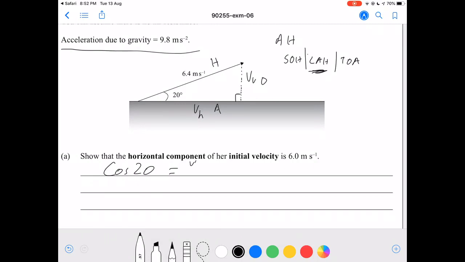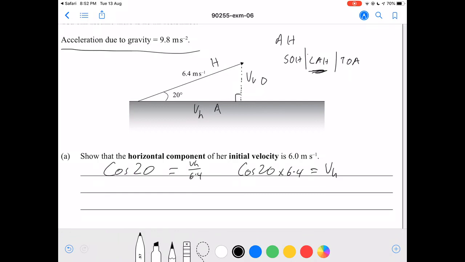So A is our VH over 6.4. So cos 20 times 6.4 should give us our VH. If you plug that into your calculator, you should get something very similar to 6 meters per second. Remember, your calculator should be set to degrees. Very important, okay?